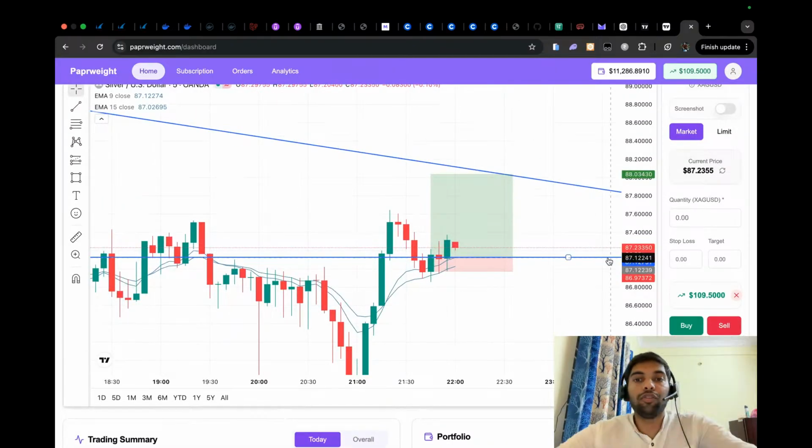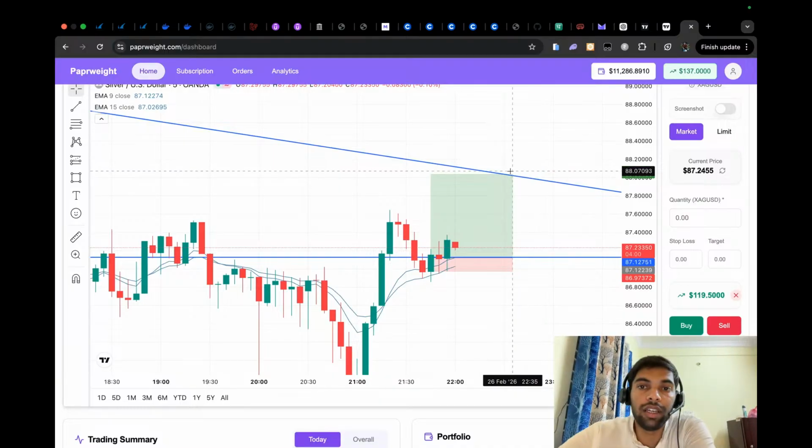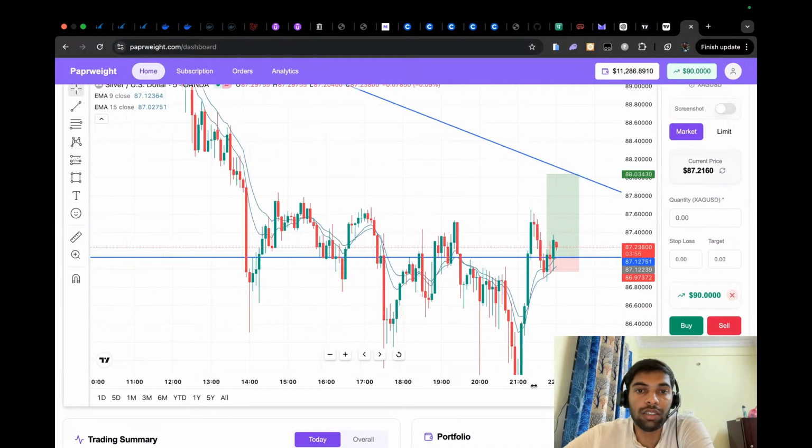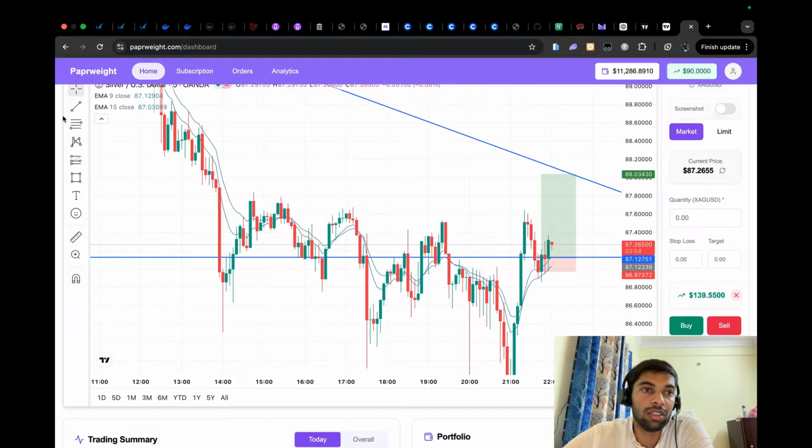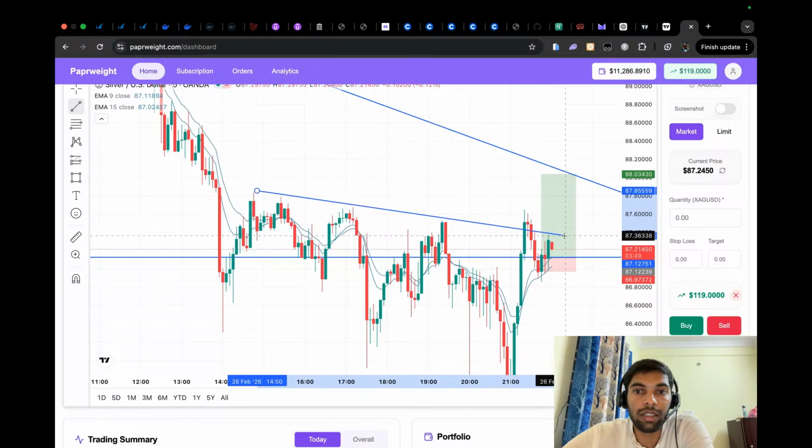But the probability of coming to this area is much higher than going in the downward direction. That's why. But there is a rejection as well from this area, so it might respect this zone as well.